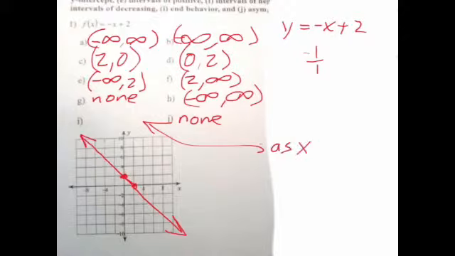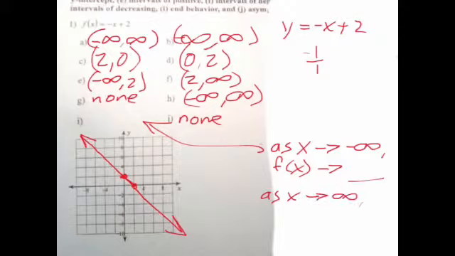Every time you do your end behavior, you're always going to start out with these phrases here. As x goes to negative infinity, your function approaches something, and then as x approaches positive infinity, your function approaches something else. You just fill in these 2 blanks, and you're good to go.